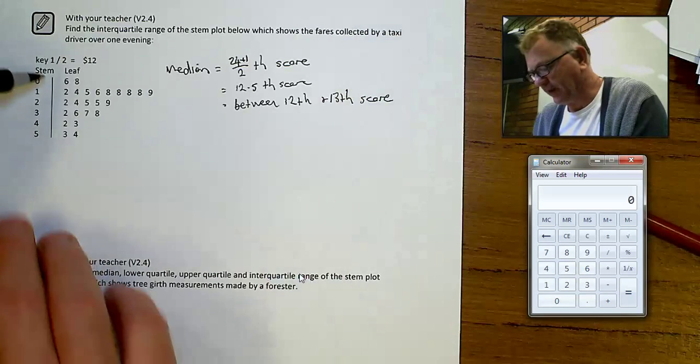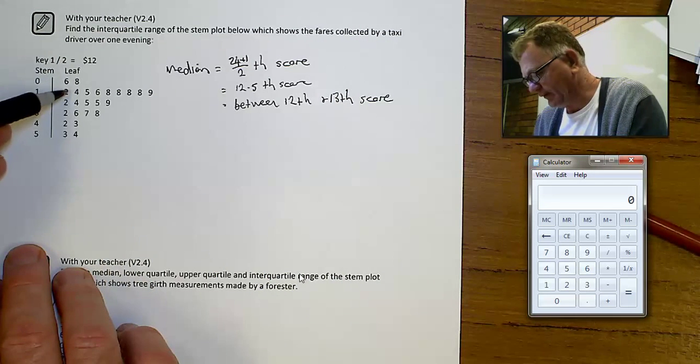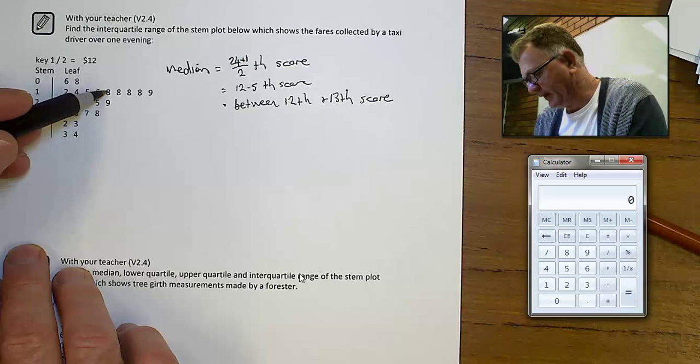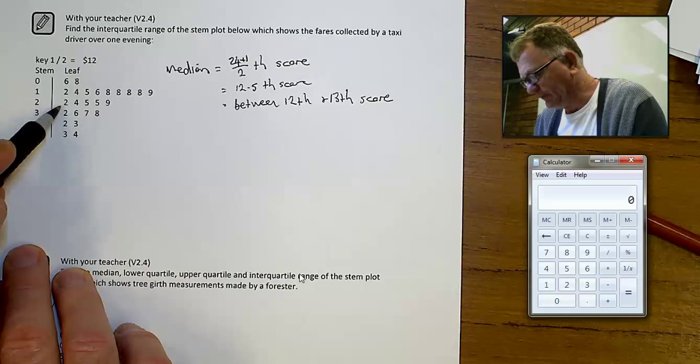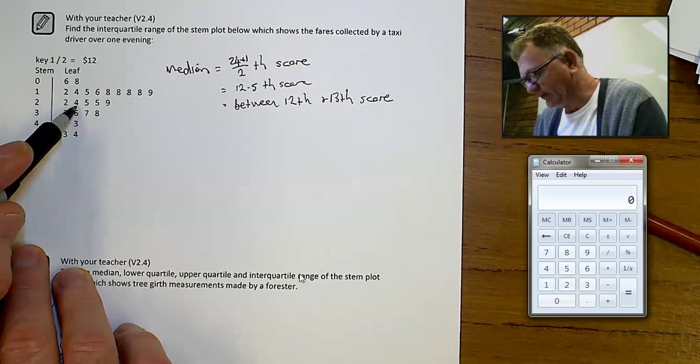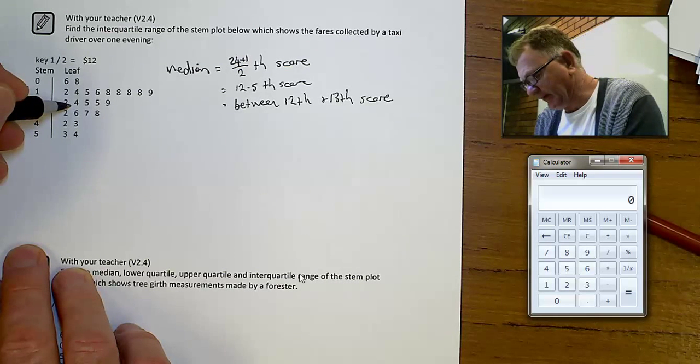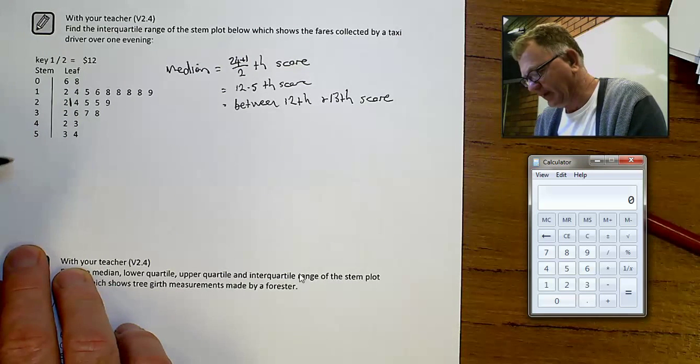So all we have to do is count it up. 1, 2, 3, 4, 5, 6, 7, 8, 9, 10, 12, 13. Okay, so I make it the 12th score is this one, so that's 22. And the 13th score is this one, that will be a 24. And the median is going to sit somewhere in between there. So it's between 22 and 24.